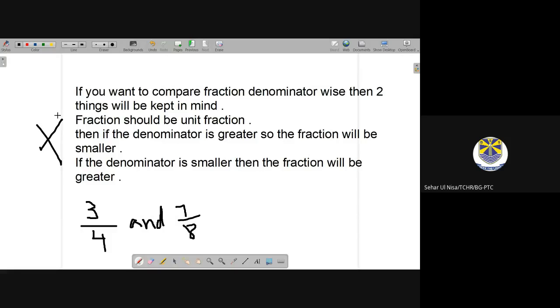For applying this, you first have to see whether the numerator is 1. If it is 1 by 4 and 1 by 8, then you can say 1 by 8 is smaller than 1 by 4. Excuse me, teacher.